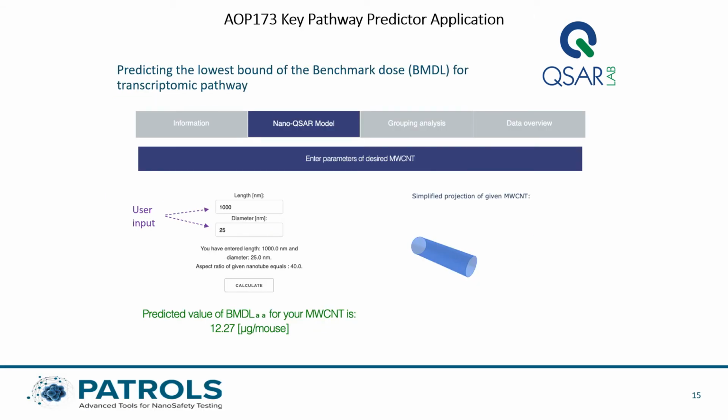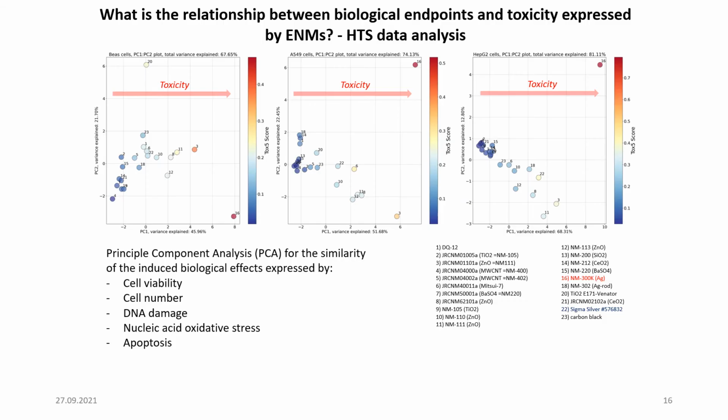And we're pleased to show that a simple descriptor such as a combination of length and diameter of the carbon nanotube, using these two characteristics, we're able to predict the value of the BMDL for multi-wall carbon nanotube. In this case, we calculate it to be 12.27 microgram per mouse. Then we use this approach to predict the lower bound of the benchmark dose for the transcriptomic pathway.